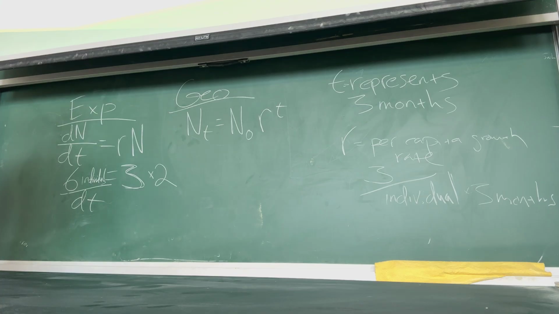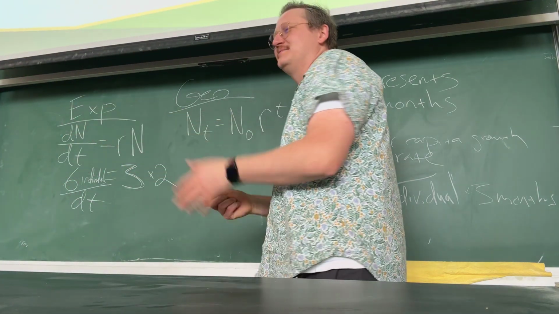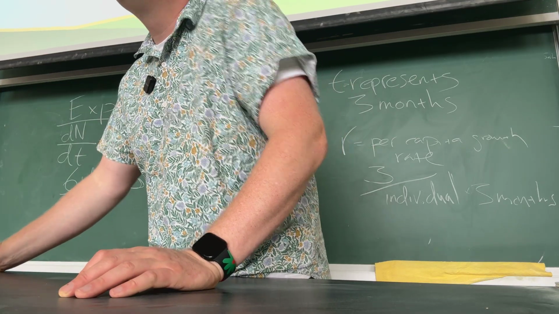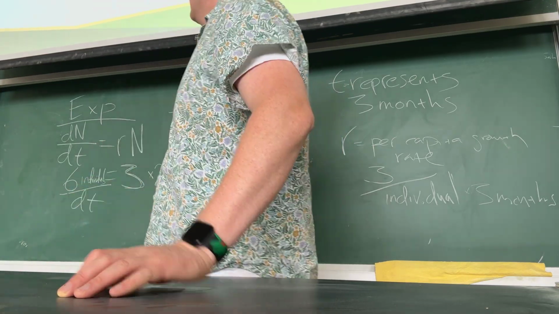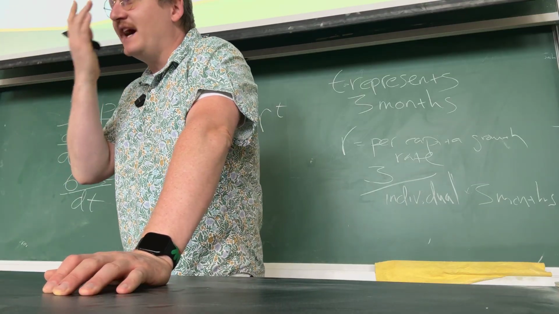I'm kind of just trying to rush us into the actual useful equations. That's a little bit simplistic, but I just want to get into the stuff that we actually use. This is the groundwork, incorporating models into predicting population sizes.